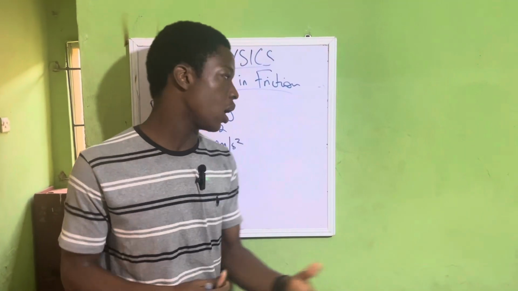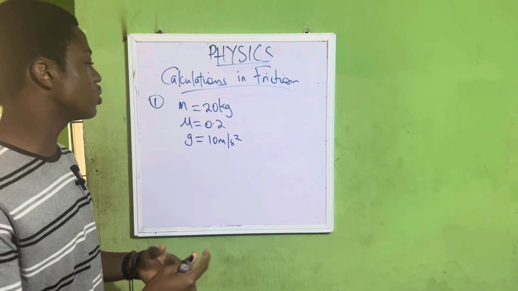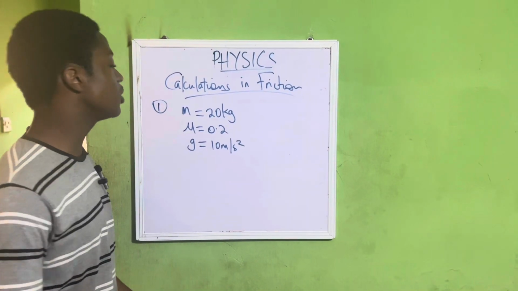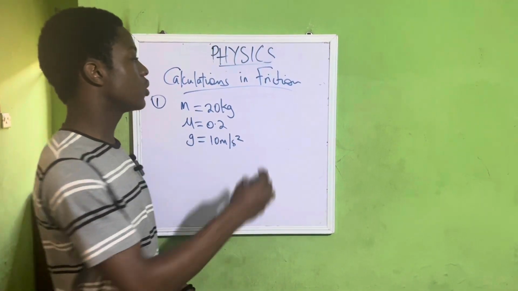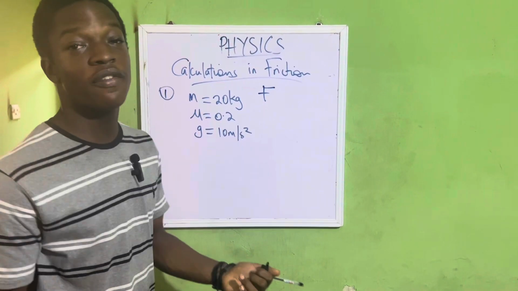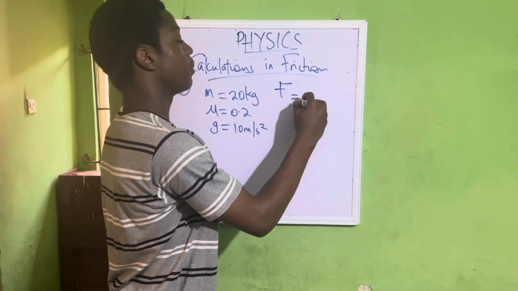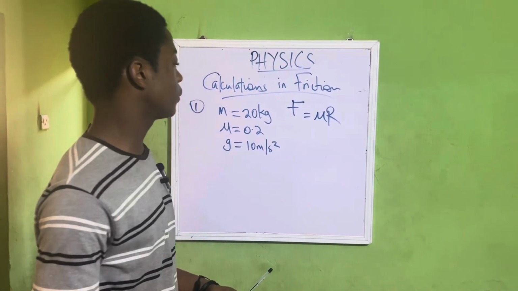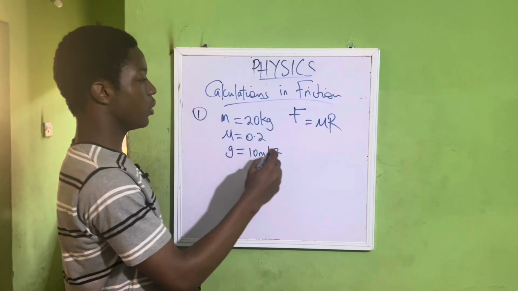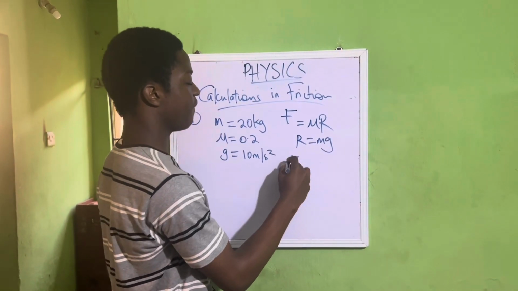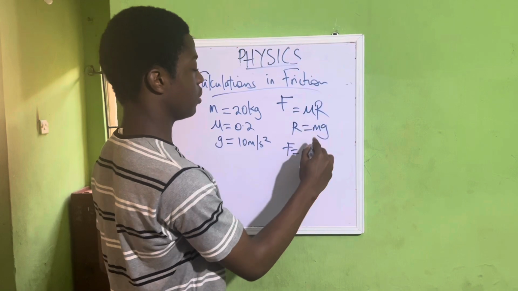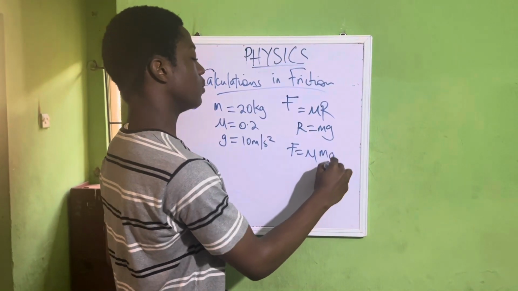Remember when I was explaining static friction, I said it is the force required to just move, or to tend to move a body into motion. So that means we are basically looking for the static friction. So that is F. And we know our formula for frictional force, F equals mu R, and R also equals mg. So F equals, putting R there, mu mg.